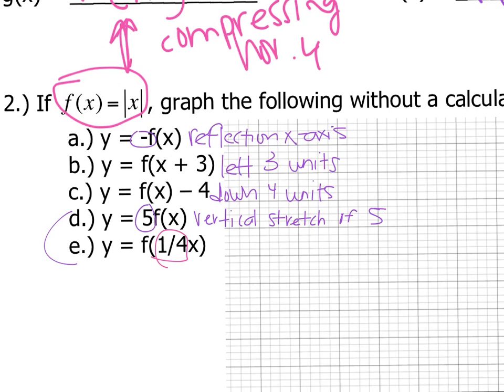Okay, so f of 1/4 x, this is a horizontal stretch, so x values of 4. So what I want you guys to do, and it would probably be good if you did it in different colors, is graph your original function, and then in a different color, graph each of those transformations.